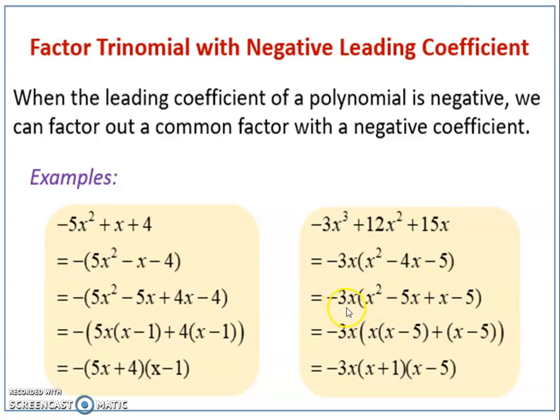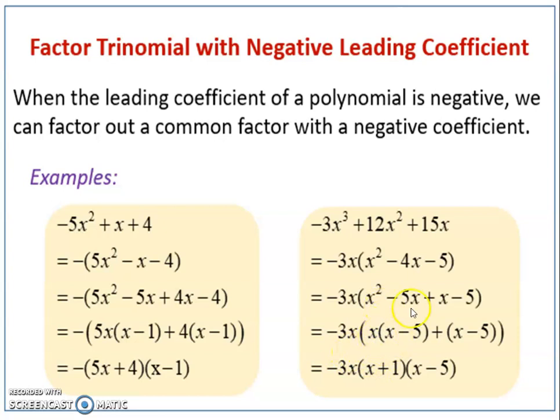Next, −3x is there. So we can split it up in the form of a quadratic equation using the middle term substitution method. 5 into 1 is obviously 5, so −5 plus 1 exactly gives −4. So x² − 5x + x − 5. −3x remains the same.